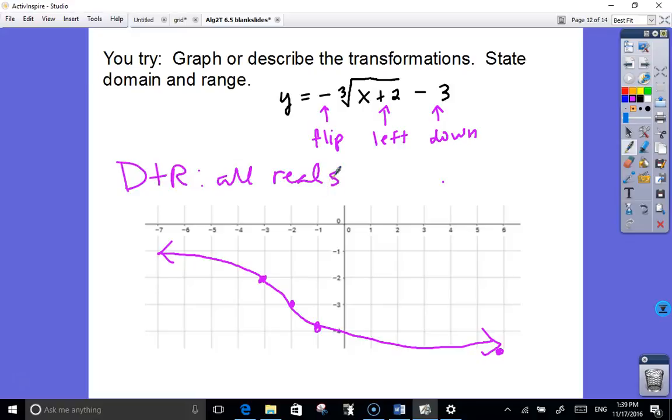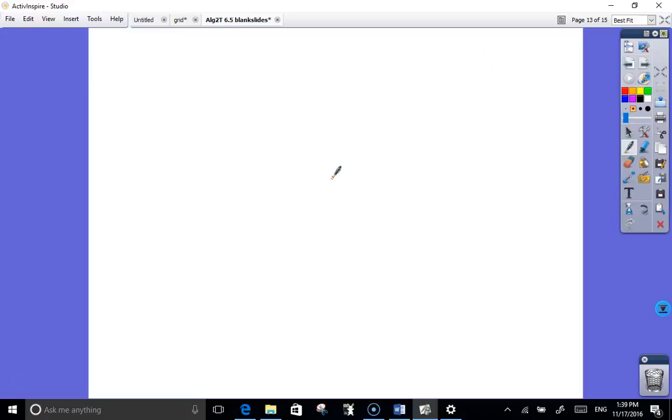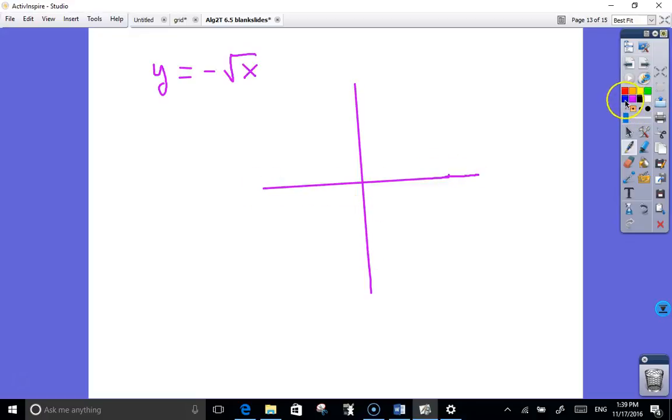Okay, and just one more thing I'm going to show you. So, y equals negative the square root of x. Okay. So we know that the positive square root of x goes like this, and the negative square root of x should go where?